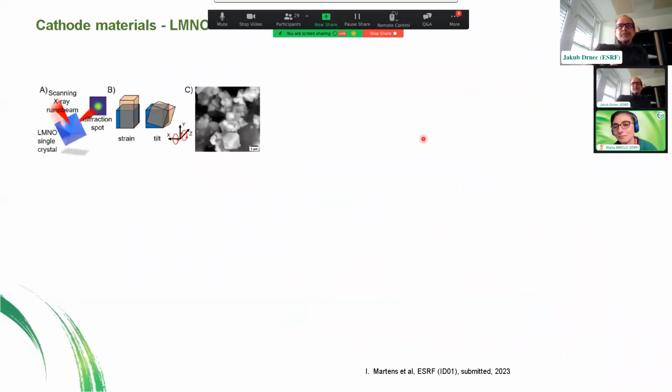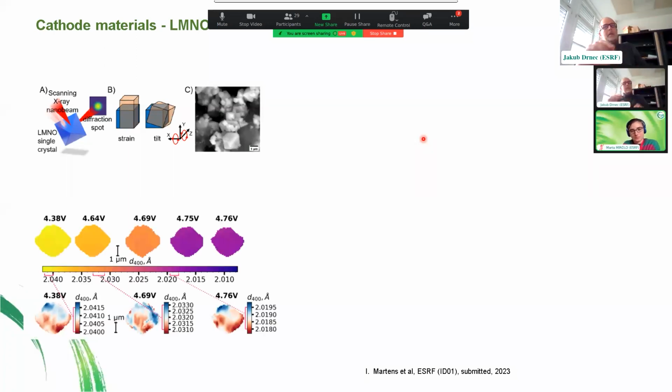Okay. Now we can look at the same material with a very small beam. This is done at ID01, the beamline. We take a scanning X-ray nanobeam and we scan through one nanoparticle, and we look at exactly the same material and exactly the same phenomena. This is a little bit complicated here, but not that much.